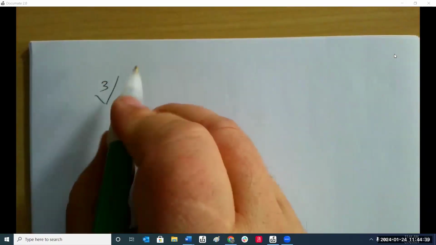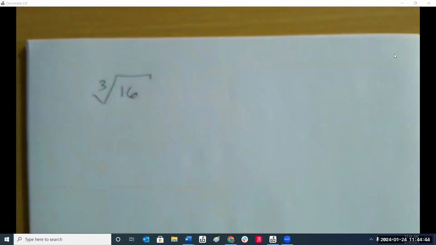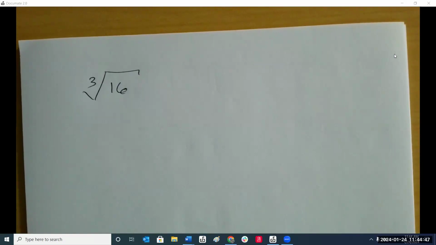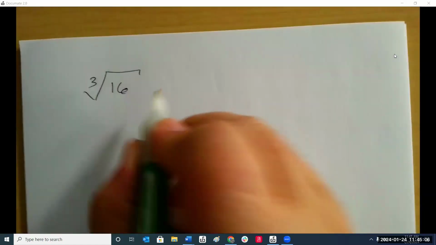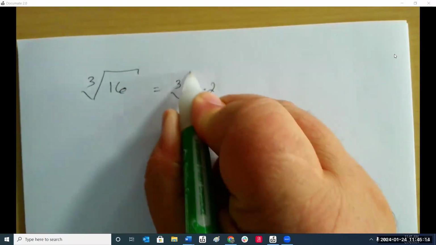The same thing would apply for here. Let's say we had cube root of 16. How would you do that? Yes. Because you know that 16 is 8 times 2.